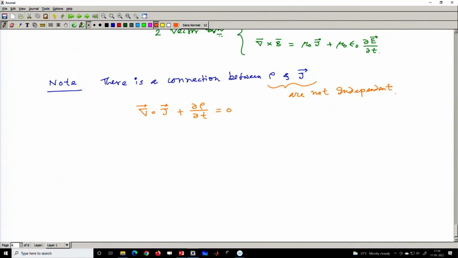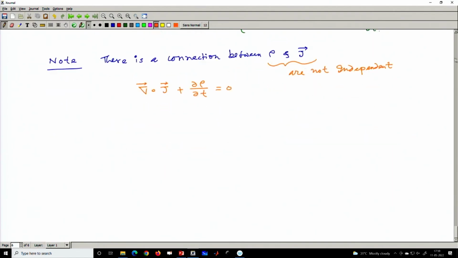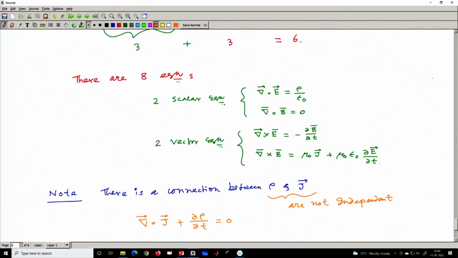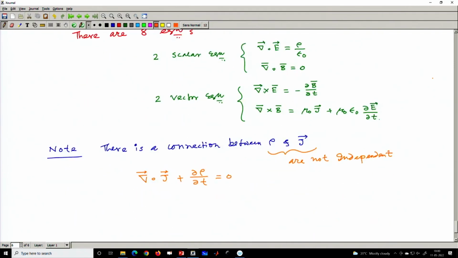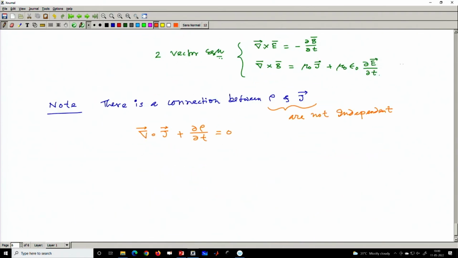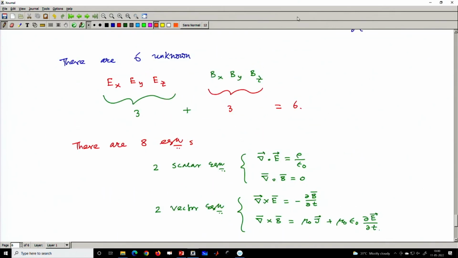Since we have a relationship between rho and j, this 8 equations now reduce to 7 equations, because one constraint is there. So, now still we have one equation that needs to be correlated, right. 6 equations and one constraint, 8 equations, and then we have one constraint, it becomes 7 equations, but I need exactly 6 equations because we have 6 unknowns.